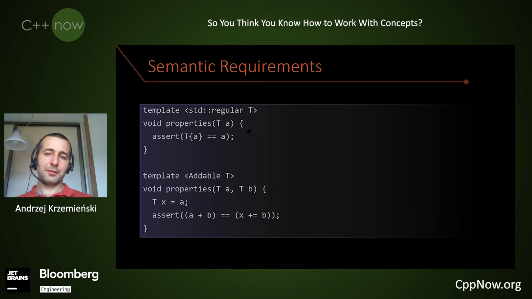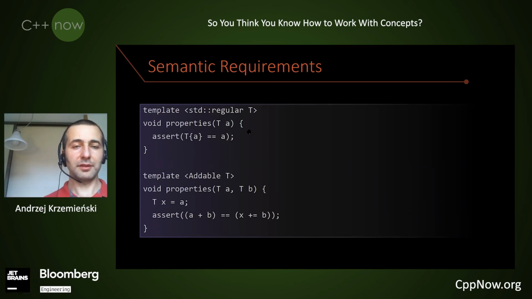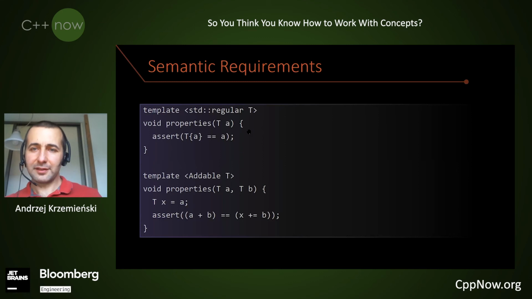And the algorithms constrained by regular have a liberty to create copies, even if they don't have to, and rely on the fact that the copy compares equal to the original. So regular makes these similar assumptions. Same for our addable type. Even though we didn't express it, we obviously assume that A plus B should give the same result as A plus equals B. This is actually a semantic requirement that we have.